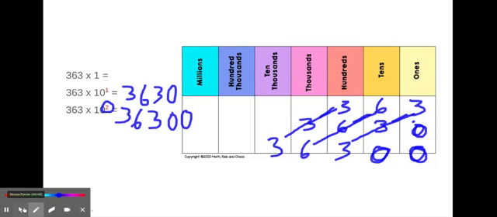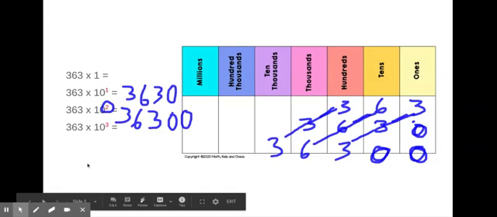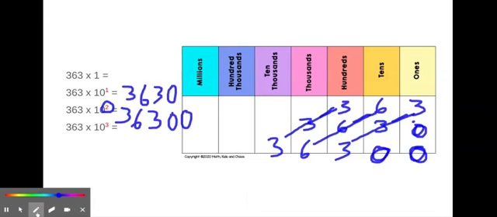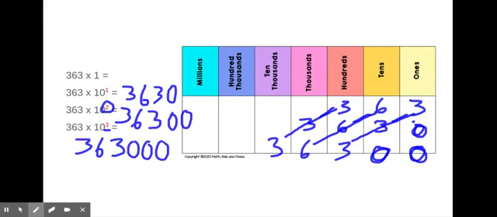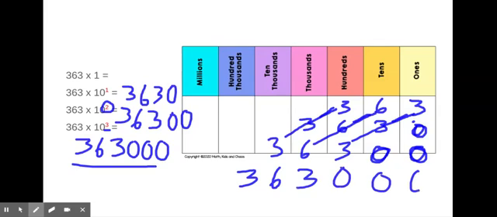Similarly, when we look at 363 times 10 to the third power, we know that that's 363 with three zeros. When we put this number in our place value chart, we can see that every digit has now moved up three places in the place value chart to make room for the 1, 2, 3 zeros.